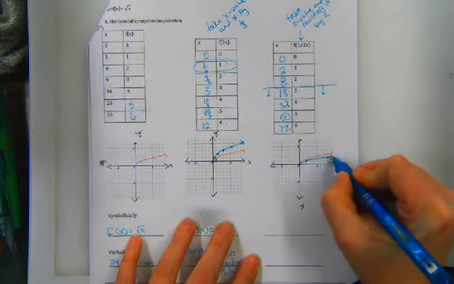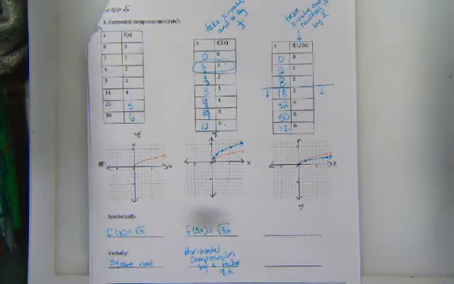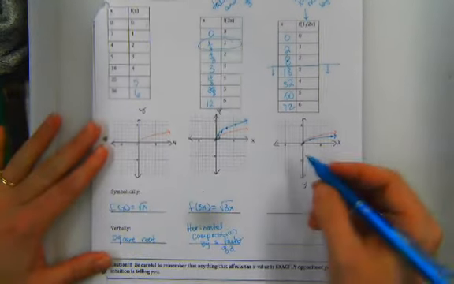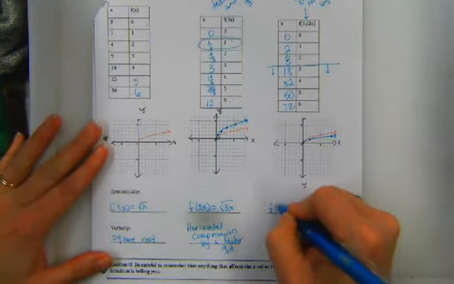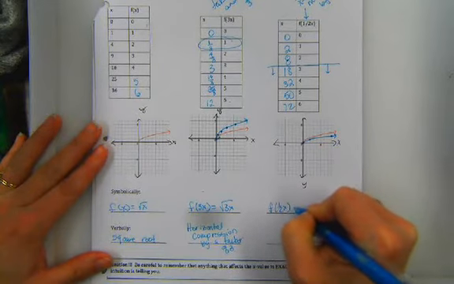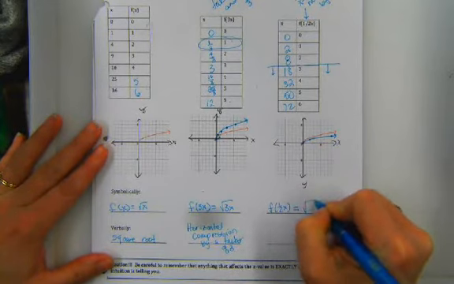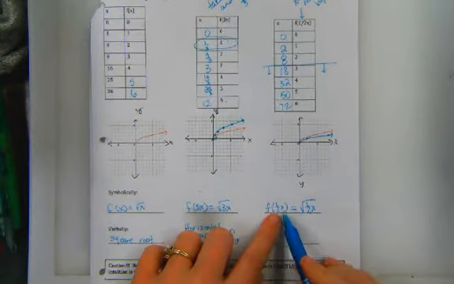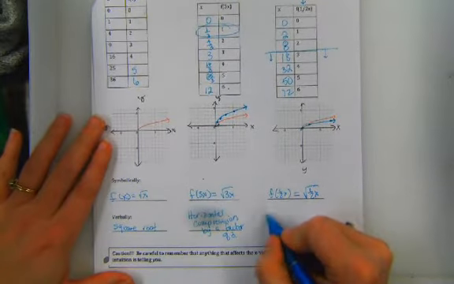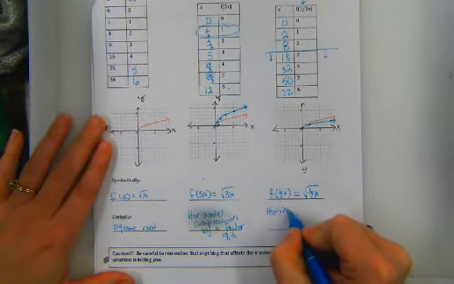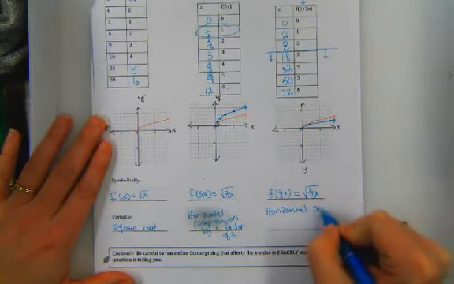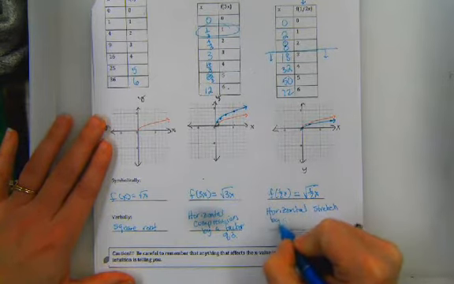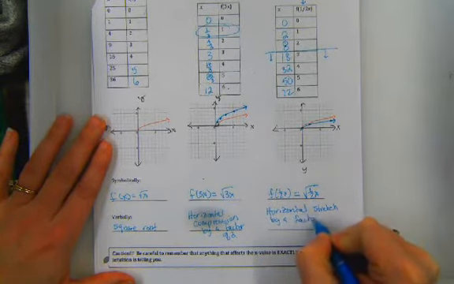Function notationally, this becomes f of 1/2 of an x, which is the square root of 1/2 x. Replace all x's with 1/2 x. This is a horizontal stretch by a factor of 2. Reminding you that these two pieces are linked.